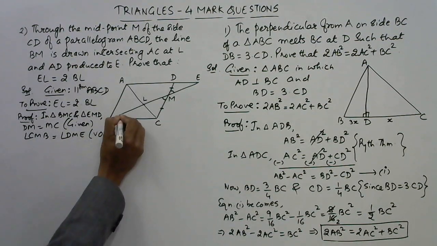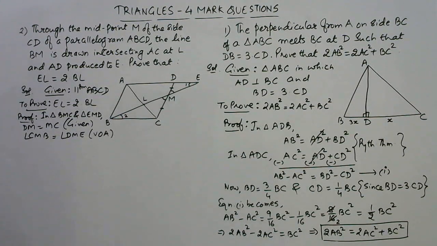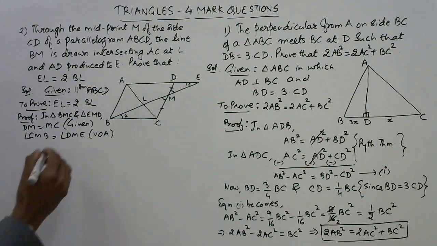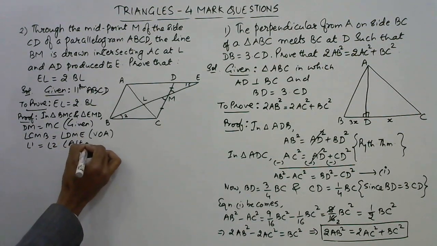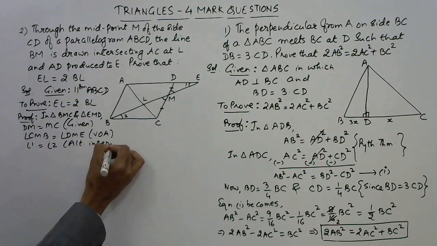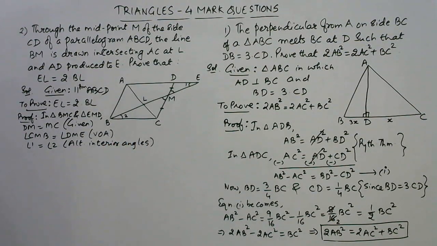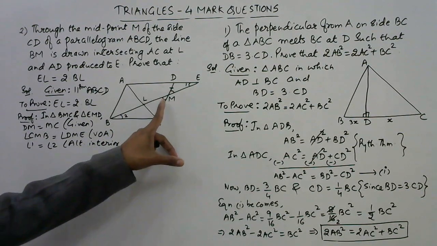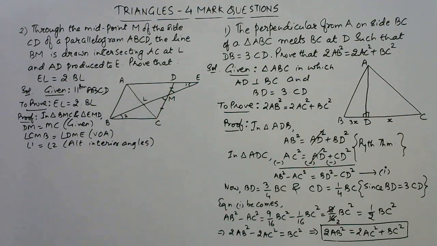And what about these two angles? Angle 1 and angle 2. They are alternate interior angles. Angle 1 equal to angle 2, alternate interior angles. So see, we have proved that two angles of this are equal to two angles of this and one side is also equal.